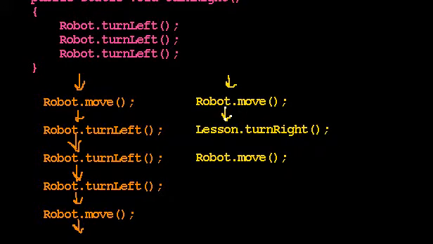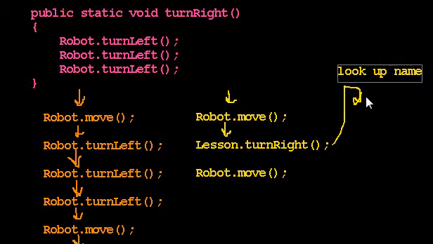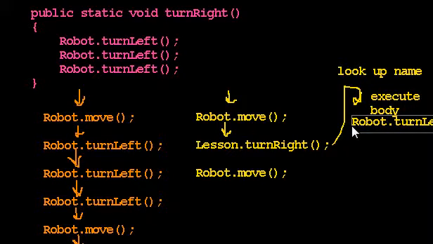And it will look it up and discover, oh, turn right means turn left 3 times. So Java's going to look up the method name, find the definition of that name, find what turn right means. Then it will proceed to execute the body of that method.